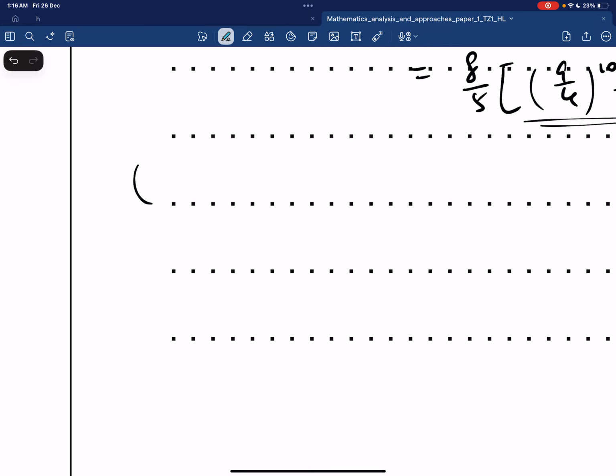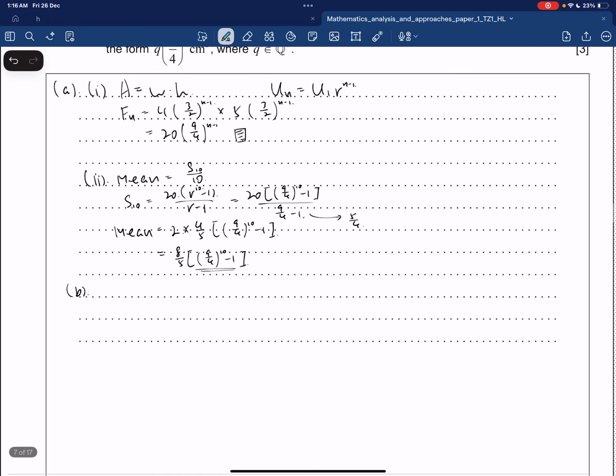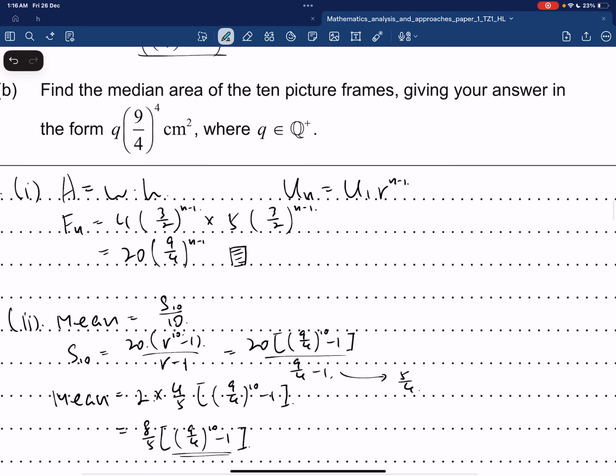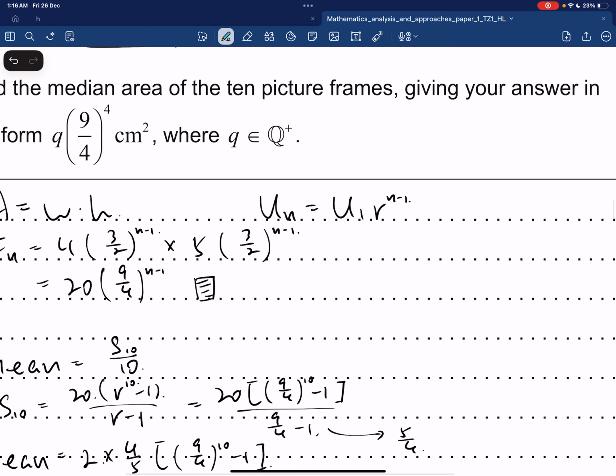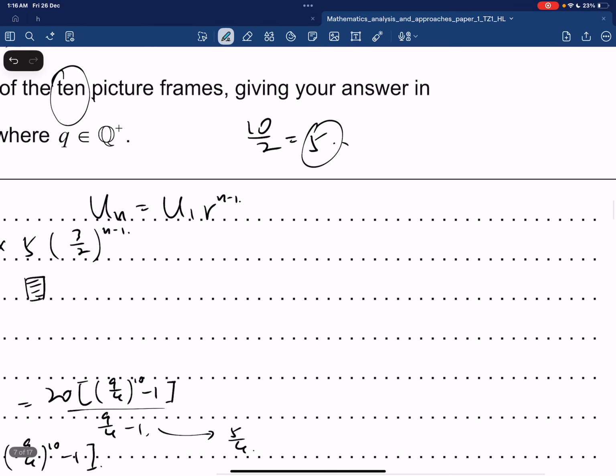Part B requires us to find the median of the 10 picture frames. Since there is an even number of frames, the median has to lie between two numbers. And since there are 10 frames, the median would lie between the 10 over 2, which is 5, so the fifth term and the next term, the sixth term.